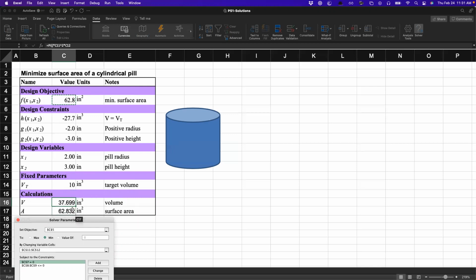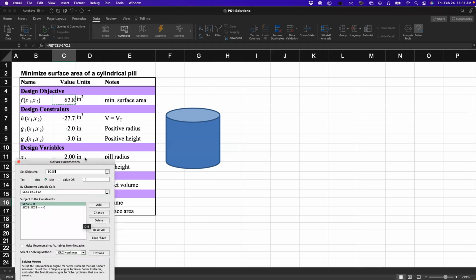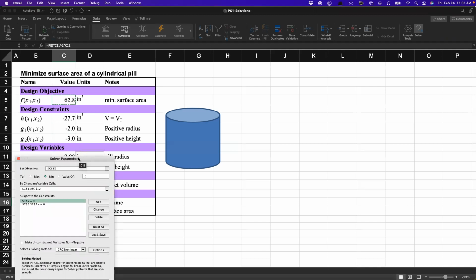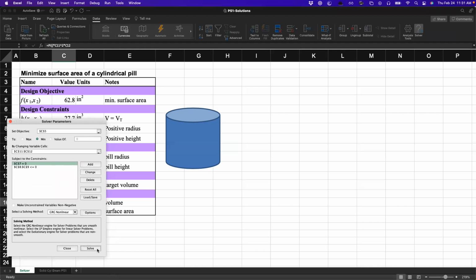I'm allowed to change my radius and my height, subject to the constraint in C7, so the volume has to be equal to 10. And these just indicate that the variables have to be positive. So I'm going to hit OK and solve this.